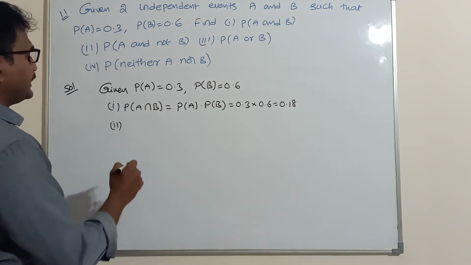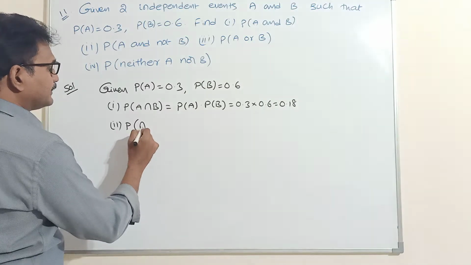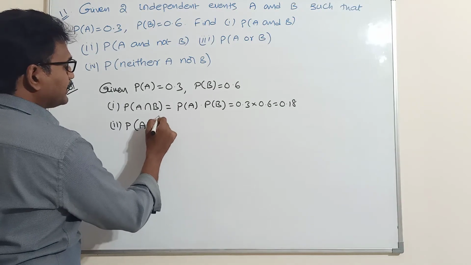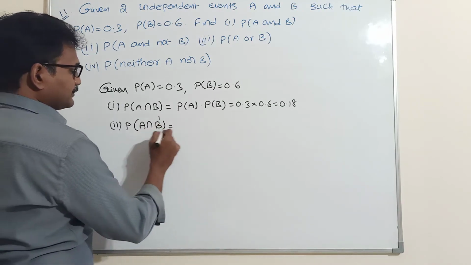Next, second question. P of A and not B, means intersection, not B means B complement. So what is the formula for this?